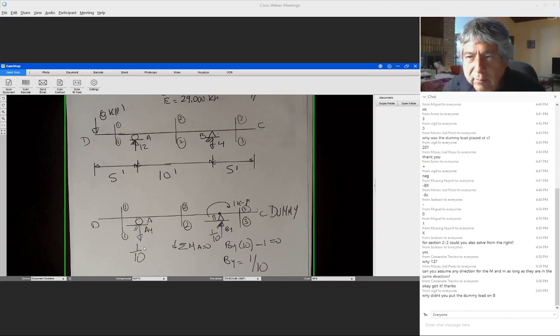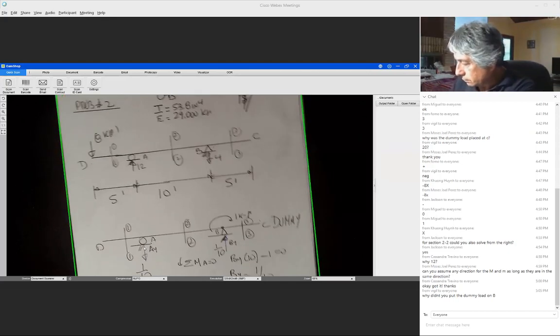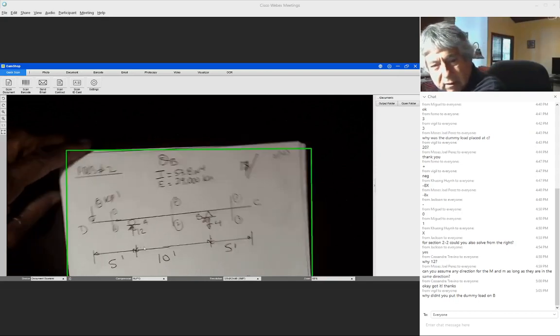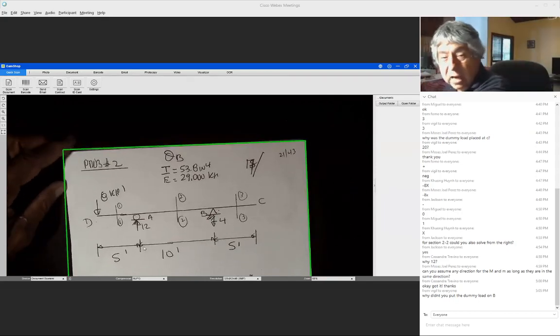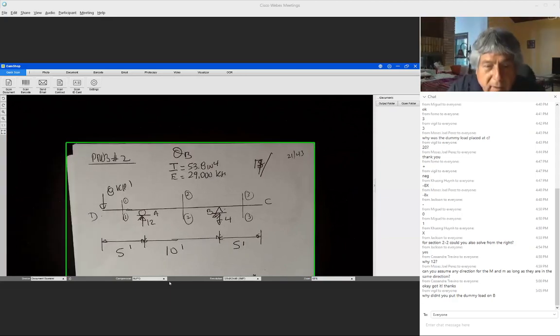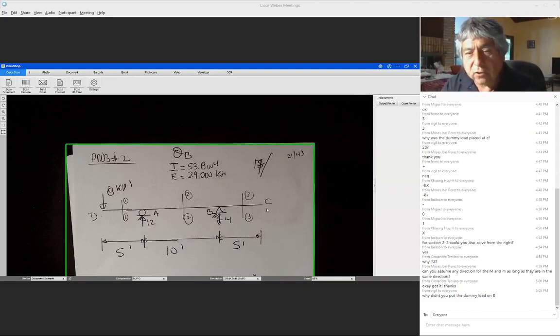Why didn't you put the dummy load at B? Okay. Remember that now the dummy load is a moment. They want you to find the slope at B. Before was the deflection. The deflection at C, we put a unit load.